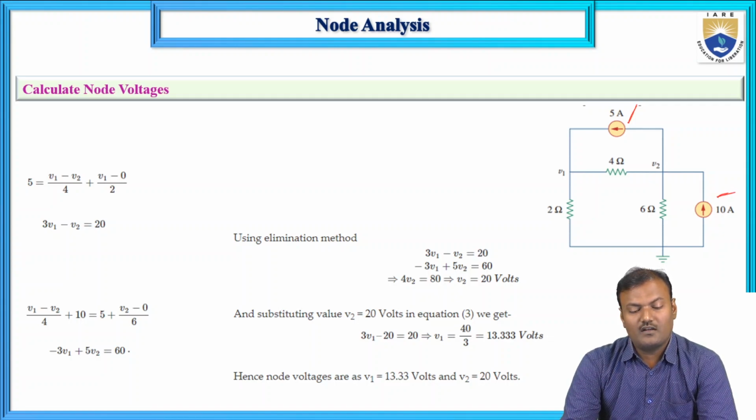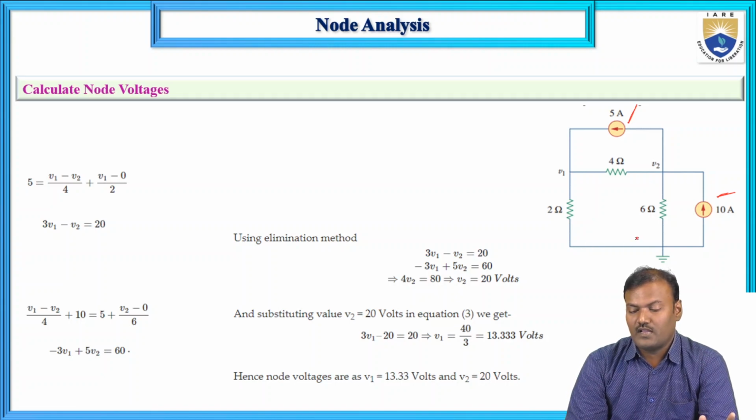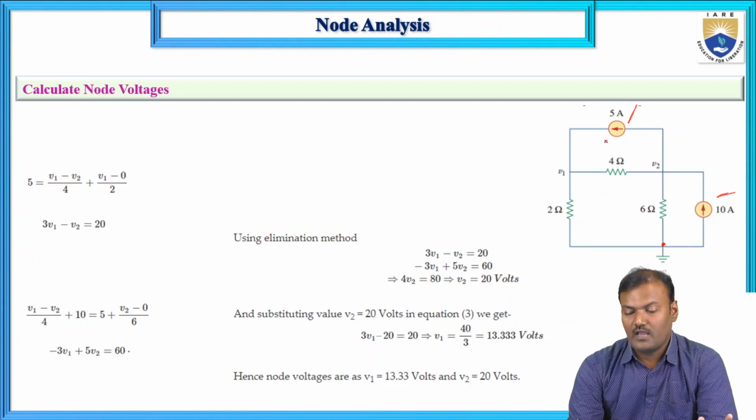Calculate all the node voltages, assuming this one as the reference node, which is itself given in the problem. 5 amperes is the current flowing in this way. The potentials V1 and V2 and the reference node are given in the problem, so we need to substitute directly in the KCL equations.